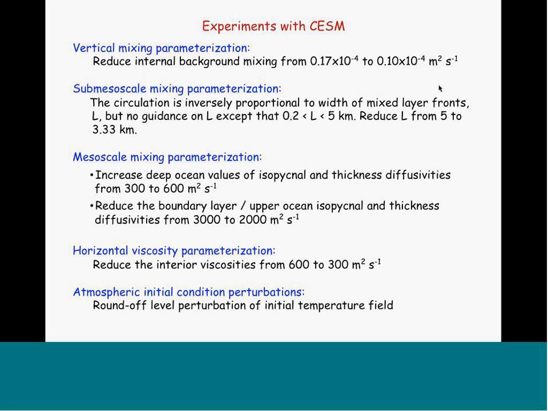One, for example, is the vertical mixing parameterization. We've changed the background mixing from 0.17 times 10 to the minus 4 to 0.1 times 10 to the minus 4 meters squared per second. These are all defensible based on available observations because, unfortunately, observations are rather difficult and they provide a range of mixing parameter values.